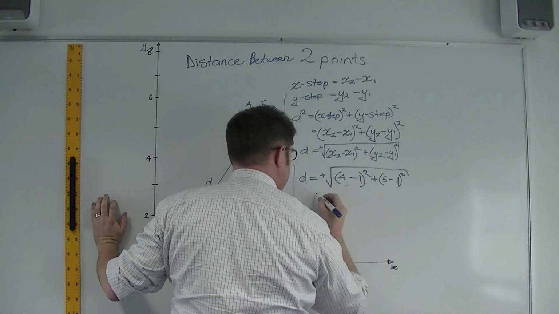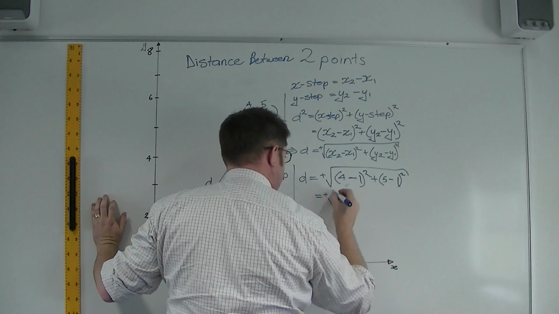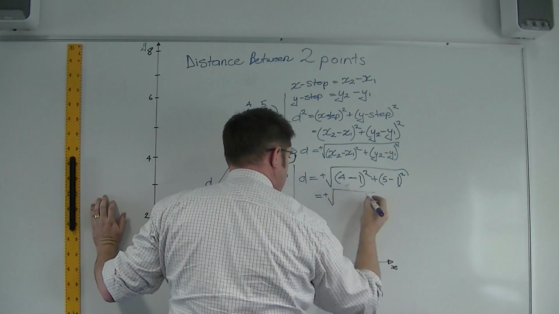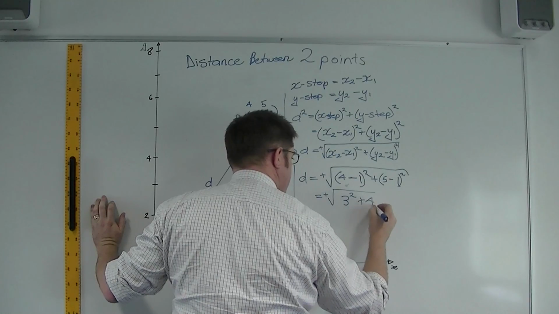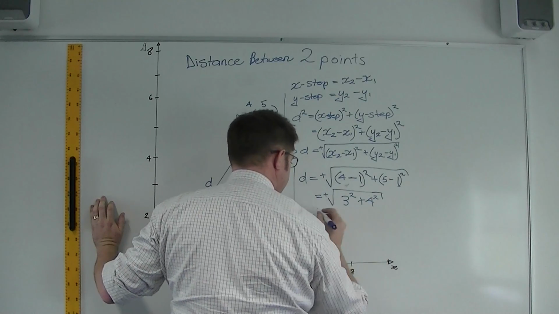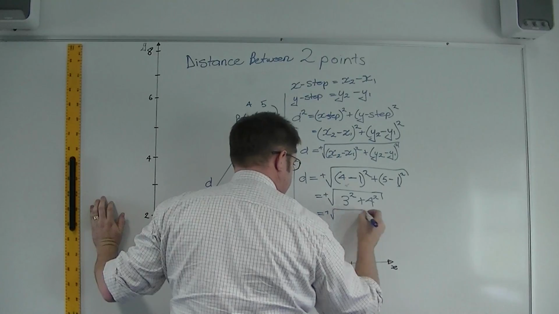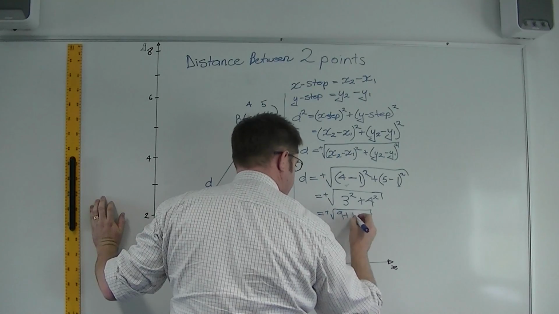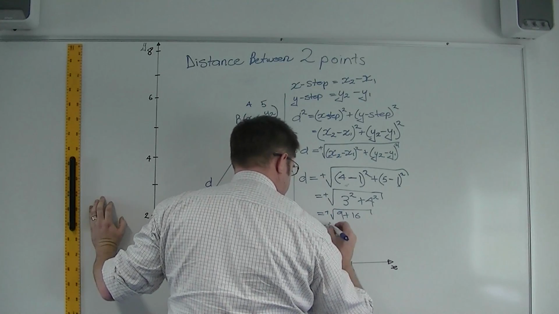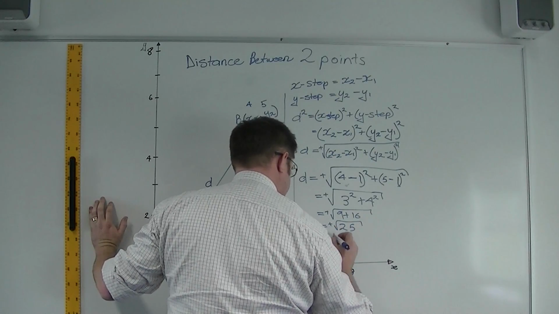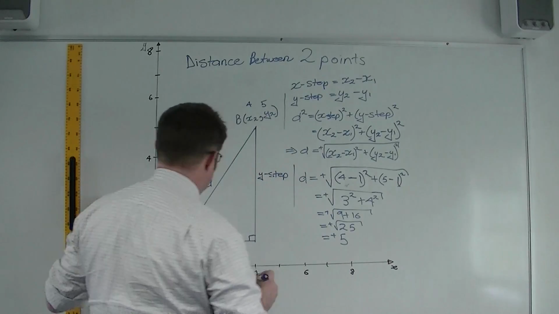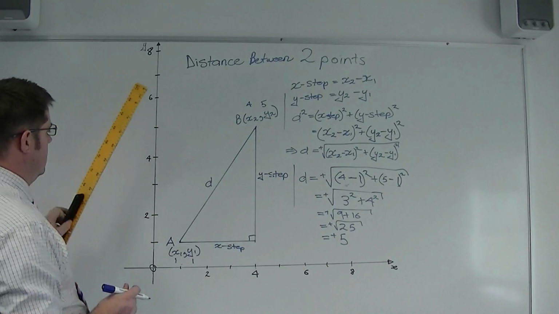Taking the positive square root of 3 squared plus 4 squared gives the positive square root of 9 plus 16, which is the positive square root of 25, which equals plus 5. There we go.